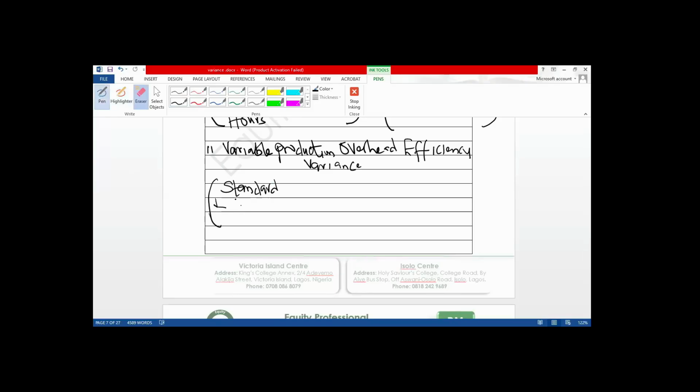Standard labor hours for actual production, minus actual labor hours used, multiplied by variable overhead absorption rate.